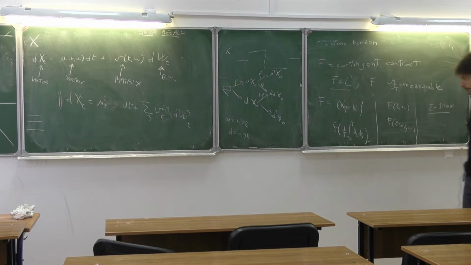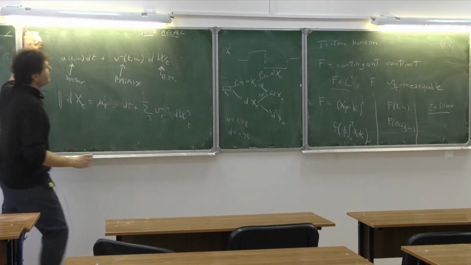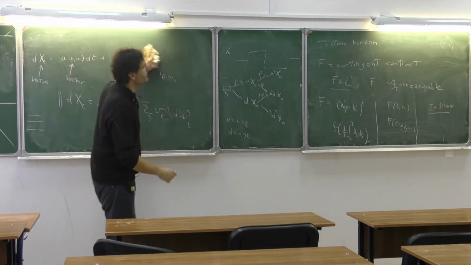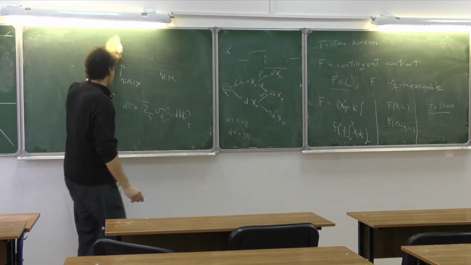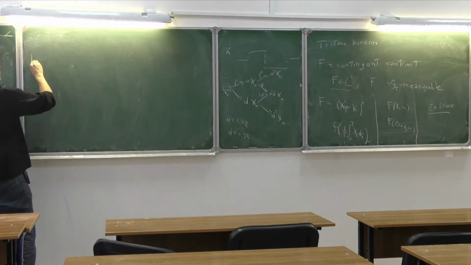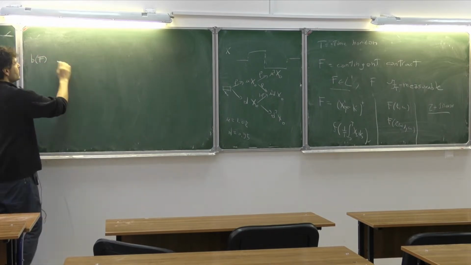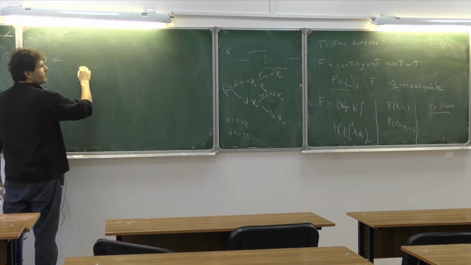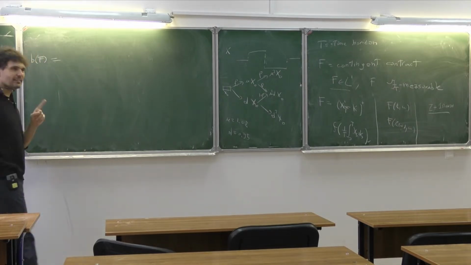Who tells me what was then the buy price for a contingent contract? Expected value with respect to the Q measure?